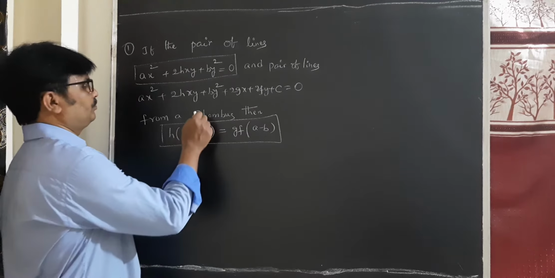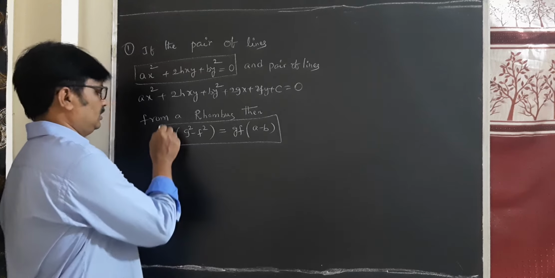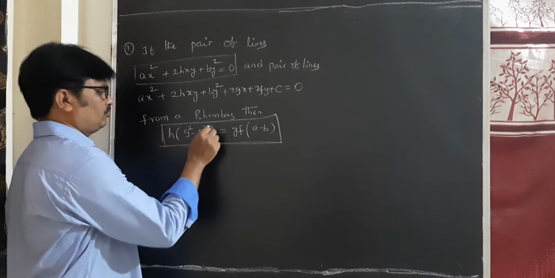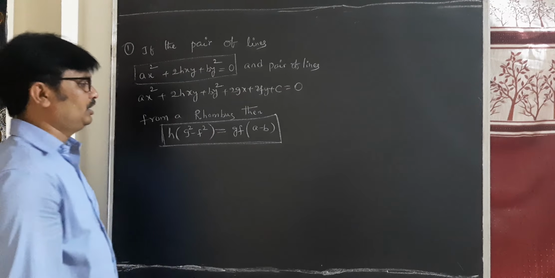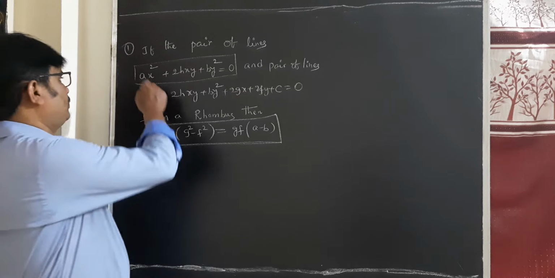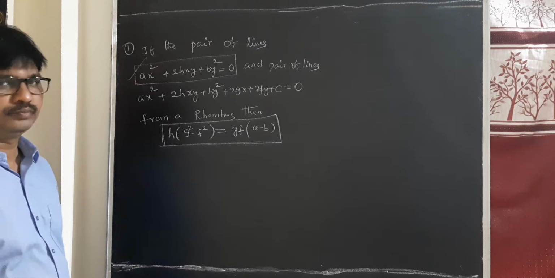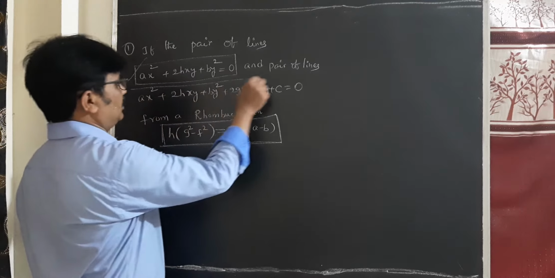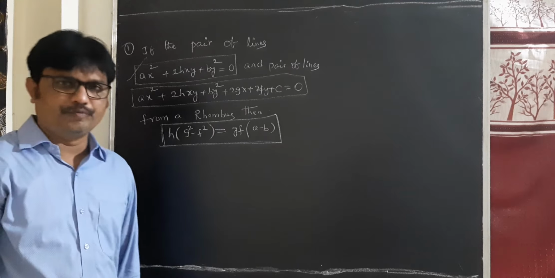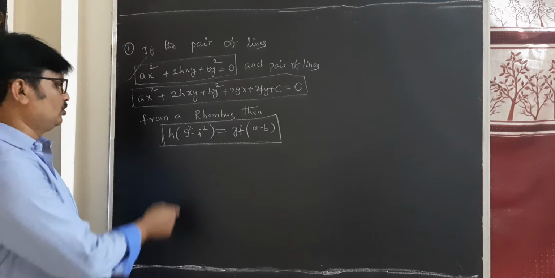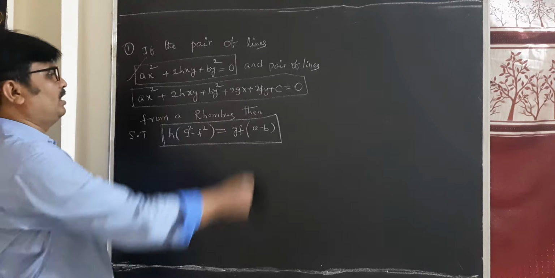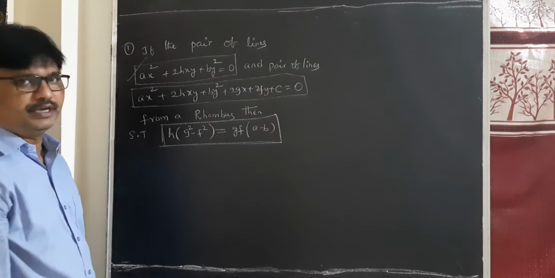If they form a rhombus, then we saw that h into (g square minus f square) equals gf into (a minus b). So dear students, this pair is passing through the origin and this pair is not passing through the origin. So these two pairs form a rhombus, and then h into (g square minus f square) equals gf into (a minus b).